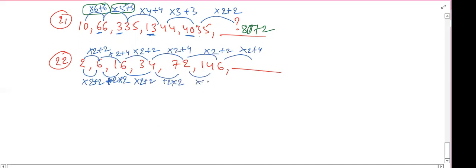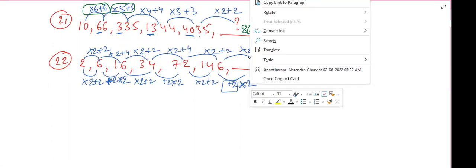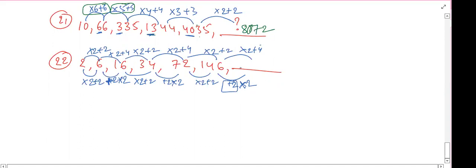Again into 2 plus 2, then we have to do plus 2, after that into 2. So first we are adding 2 and later we are multiplying it by 2, which means it becomes 4 only. Yes, sir. That is why here 4 comes.